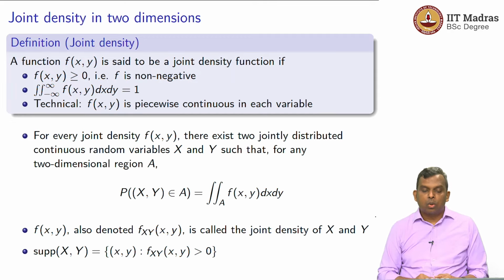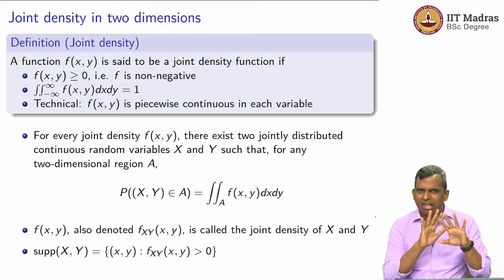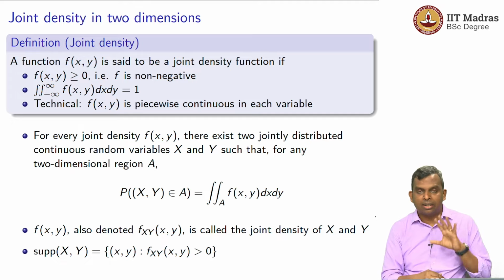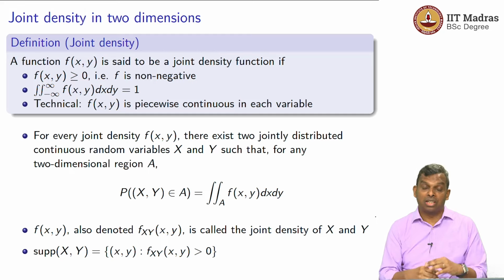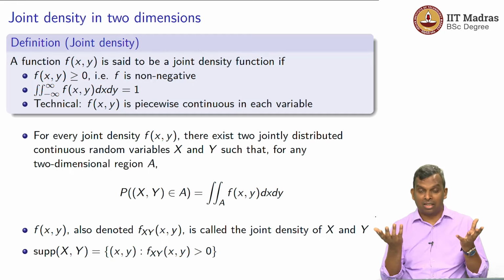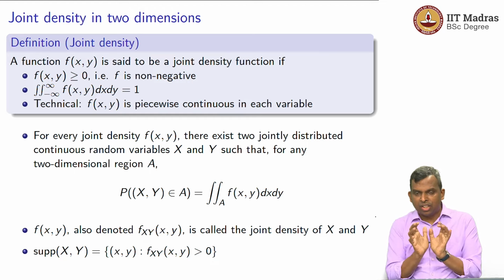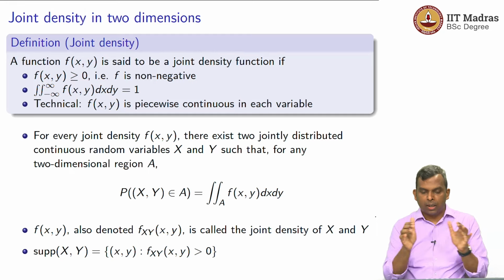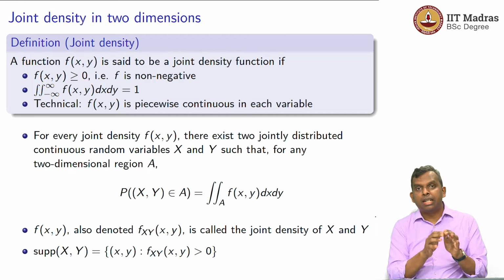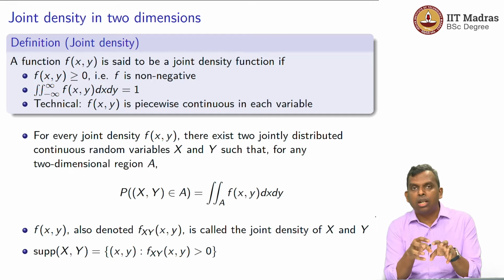Technically, this point is just to get rid of the probability space and all that. It turns out once you have a joint density, there are two random variables which live in some probability space. Notice this equation is very important. You identify any region in the two-dimensional plane and ask what's the probability that x and y jointly will fall in that region.